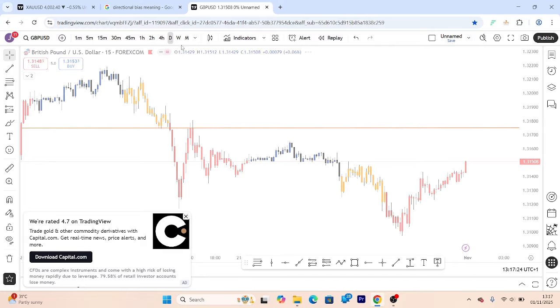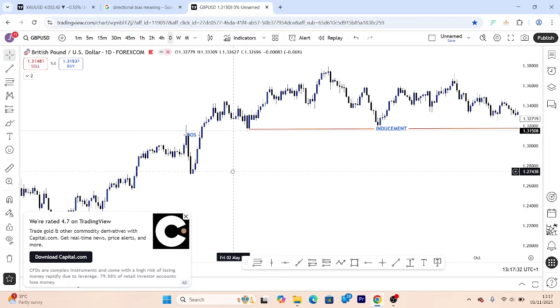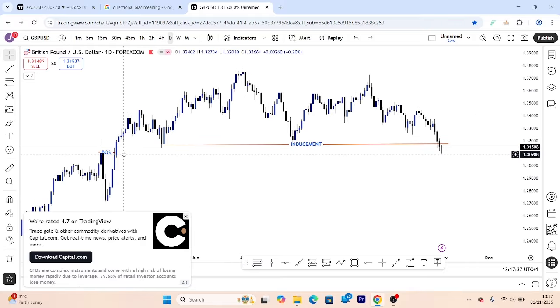So where are we going to put our TP? Our TP can be at this level here. This is the short position.